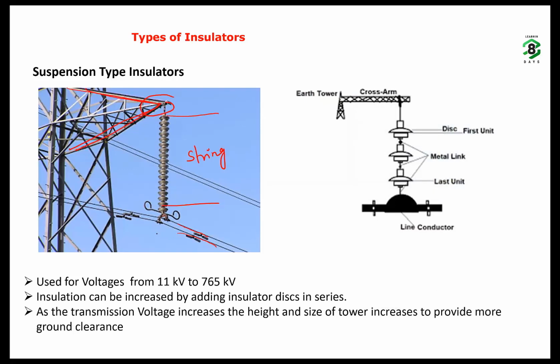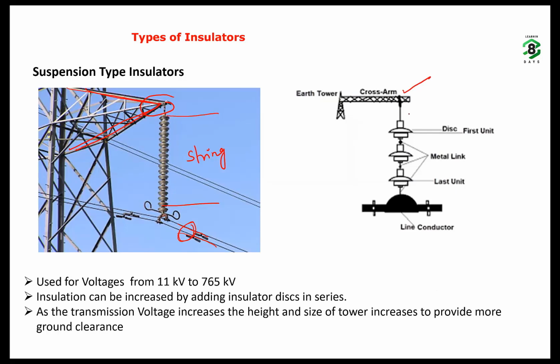You can see here it is not a single conductor, it is a bundled conductor with a bundling of two subconductors. This is a structural diagram where you can observe the cross arm.